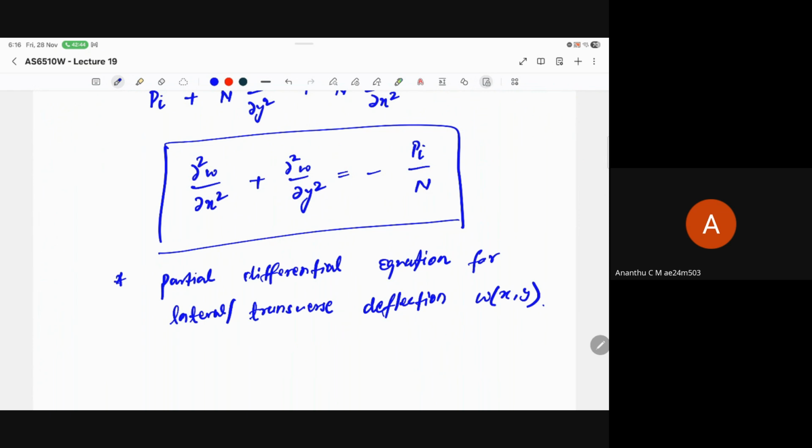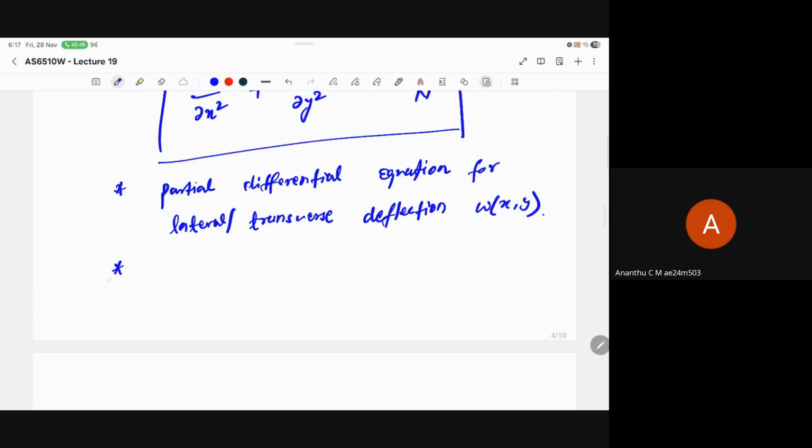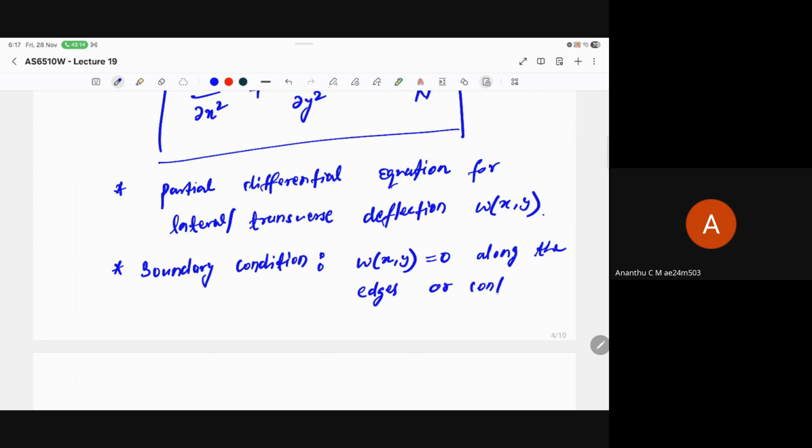And the boundary condition, so let me write the boundary condition. We have the equation, and we also need to define the boundary condition here. The boundary condition is for this w, right? So w of x comma y is equal to 0 along the edges, or you can call it along the contour.